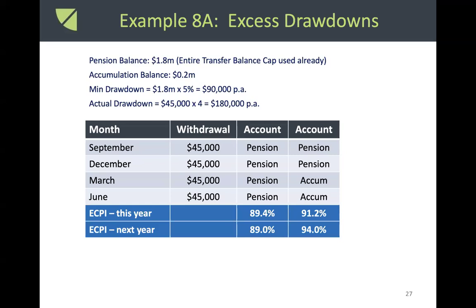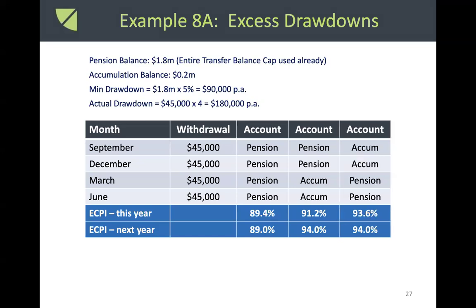But I'm going to show you a third method I don't think many of you are doing. And I know this because I see lots of data coming through. I see lots of data in our actuarial certificates, which shows me that not many of you are doing the option that I'm about to show you. And that is, flip it around, take the first 2 from accumulation and the last ones from pension.